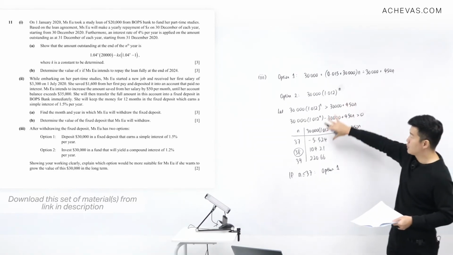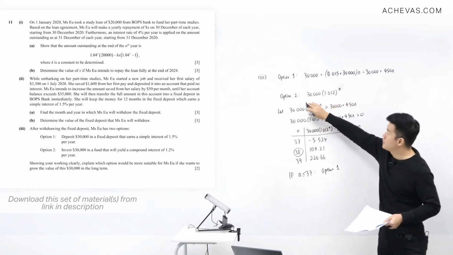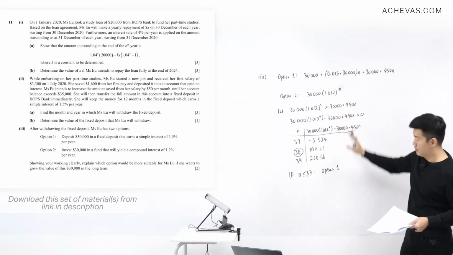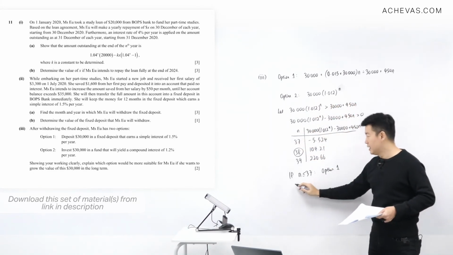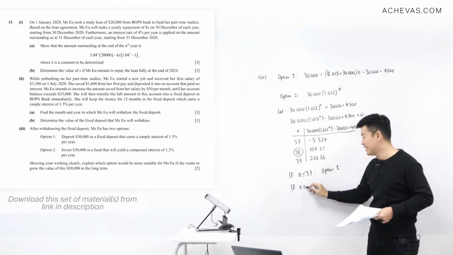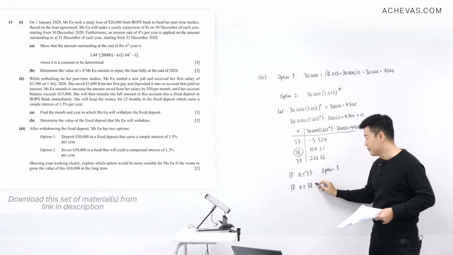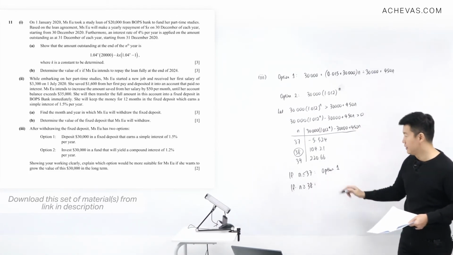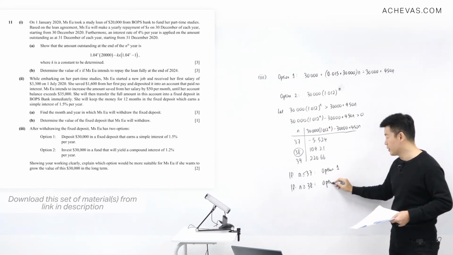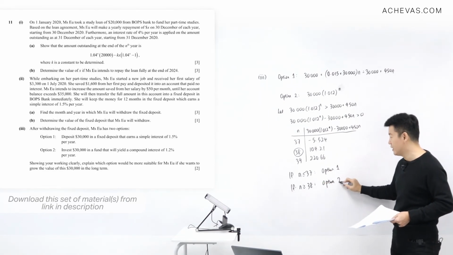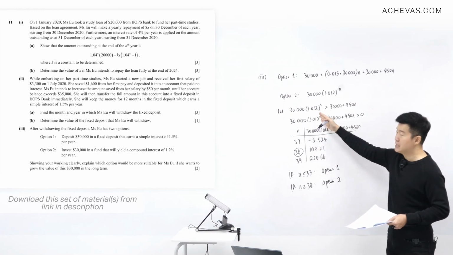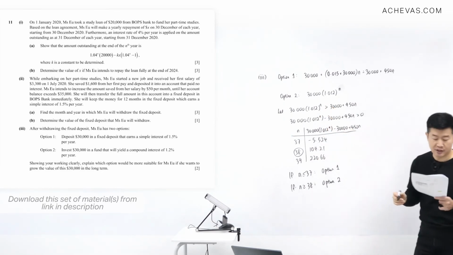Because according to what we have analyzed here, option 1 will be giving her more before the 37th year. Then if she's looking at her long run as 38 years and beyond, she should go for option 2, because the moment she goes for the 38th year, she's going to be getting more money based on option 2.